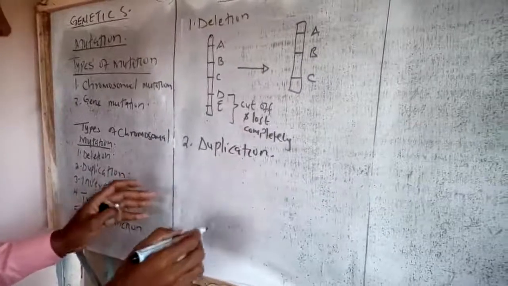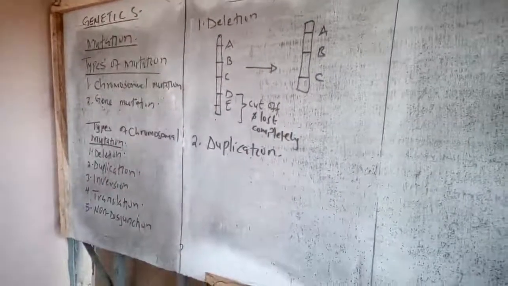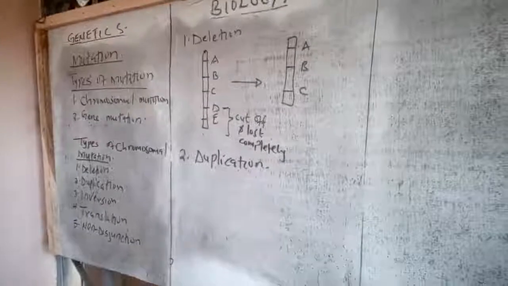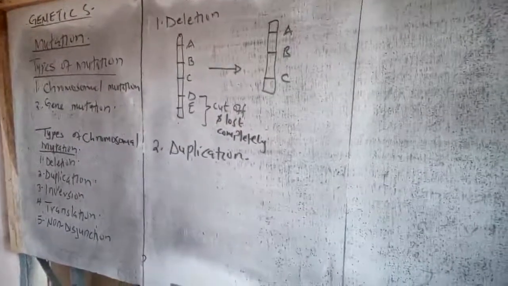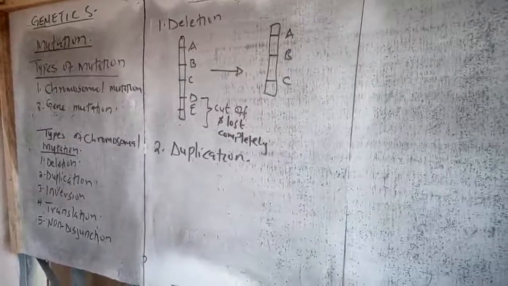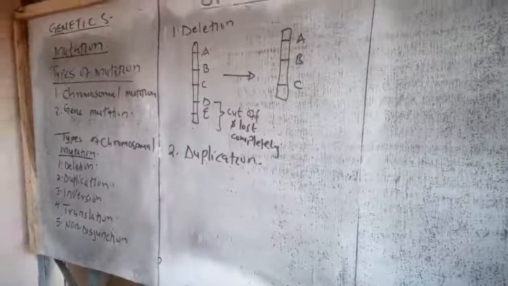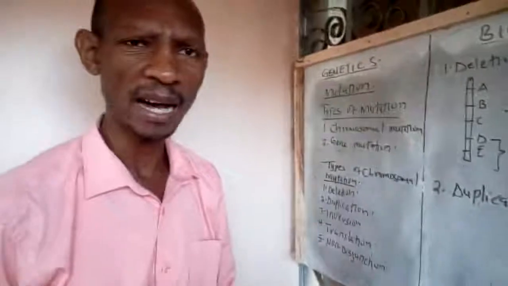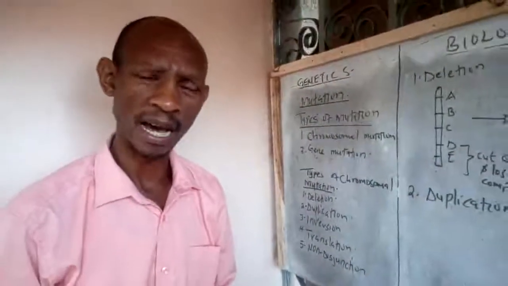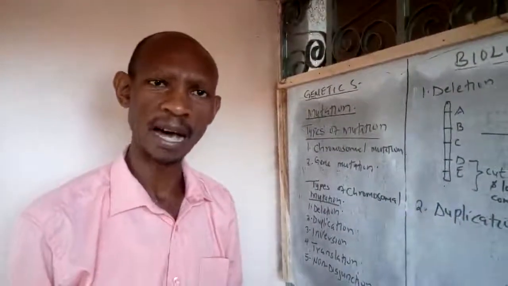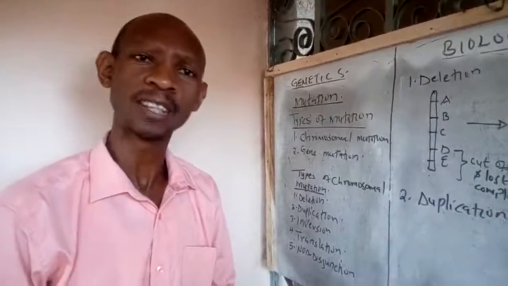Duplication. And as far as duplication is concerned, a section of chromatid replicates and adds an extra length to itself. What I mean is, the part of the chromatid normally replicates and also adds an extra piece to itself.